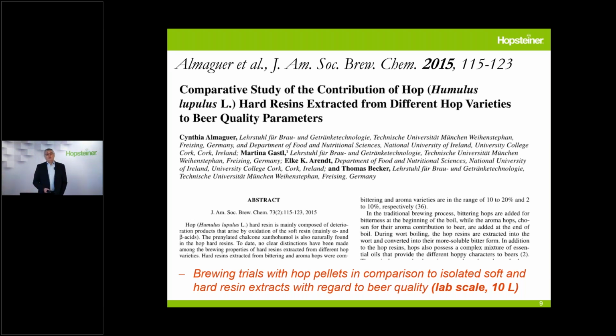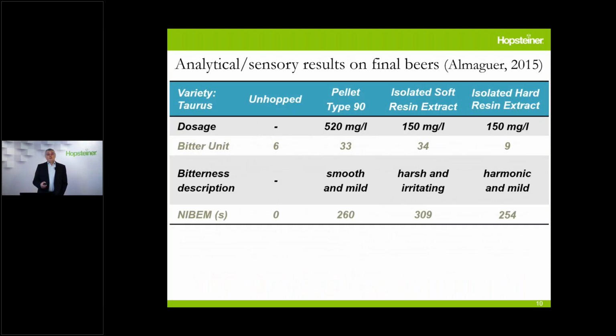And they were investigated mainly with regard to beer quality. And these trials were done in lab scale, 10-liter scale. And here is one table from this paper. You see the analytical and sensory results on the final beers.